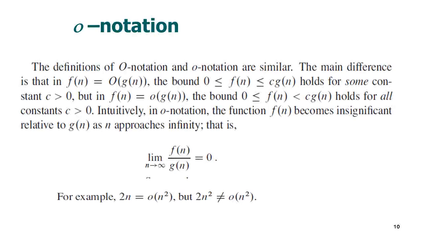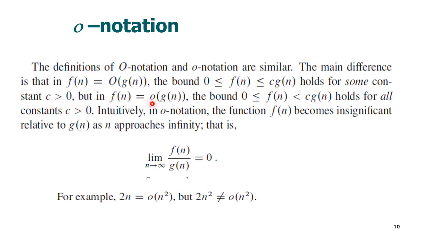Now small o notation. The definitions of big O notation and small o notation are similar. The main difference is that in f(n) equal to O(g(n)), the bound 0 ≤ f(n) ≤ c·g(n) holds for some constant c greater than 0.